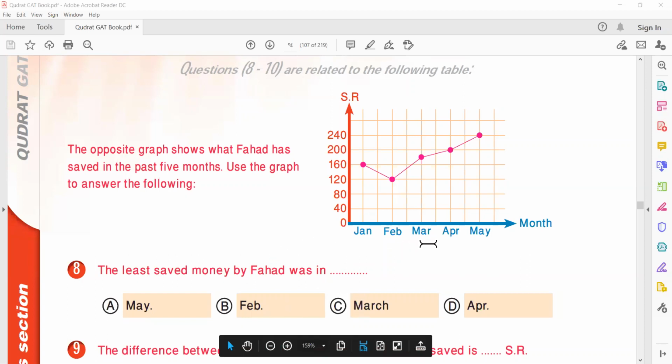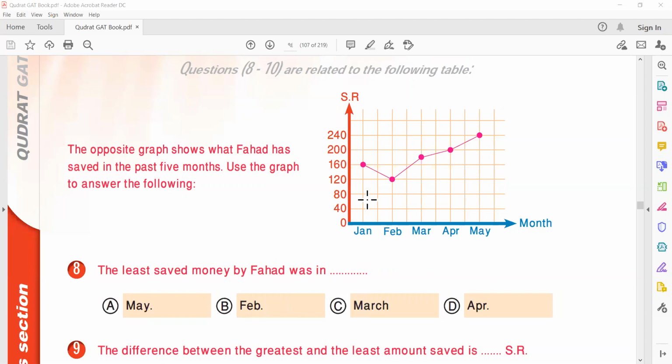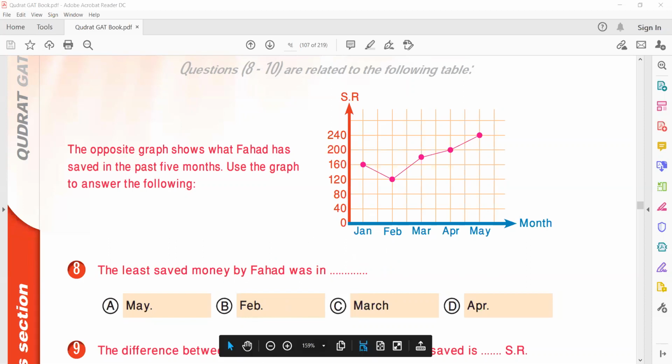I think it is easy because I have a graph here. Number 8, what is the answer? Can you help me to find the answer?